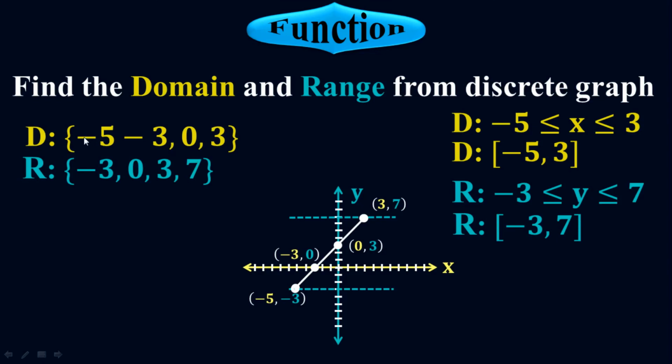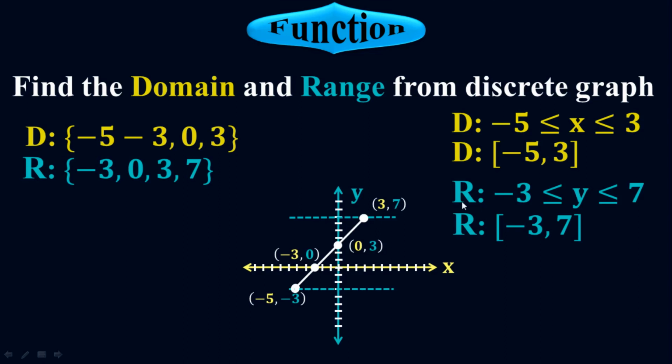Its domain is between negative 5 and positive 3, including negative 5 and positive 3. Its borders are negative 5 and positive 3, and the same thing goes for the continuous. These are the border values, including negative 5 and 3. So these are exactly one thing. Its method is a bit different, and there is no more difference.